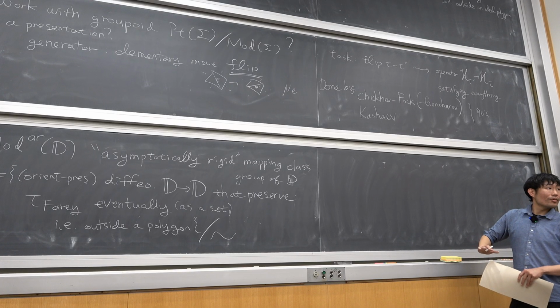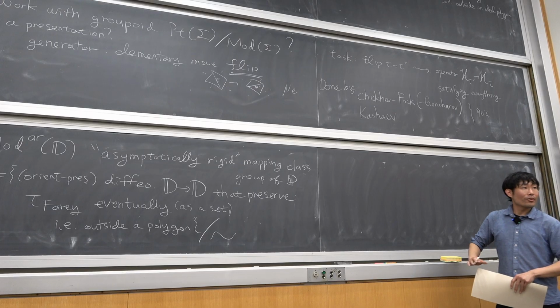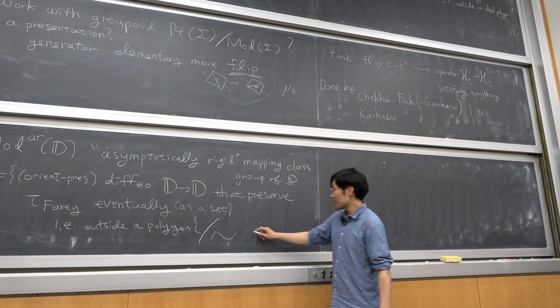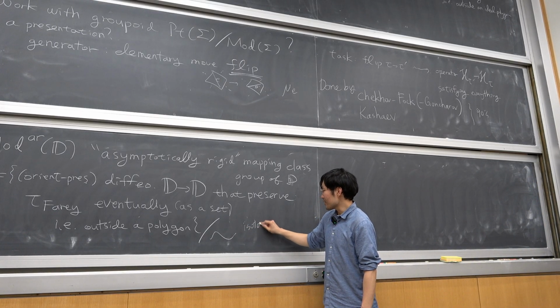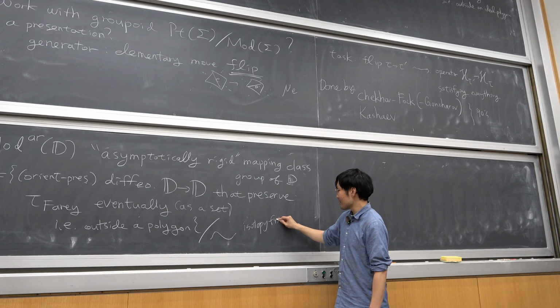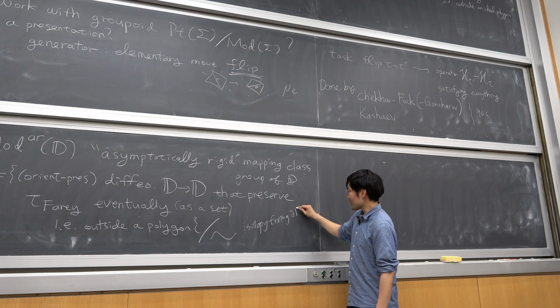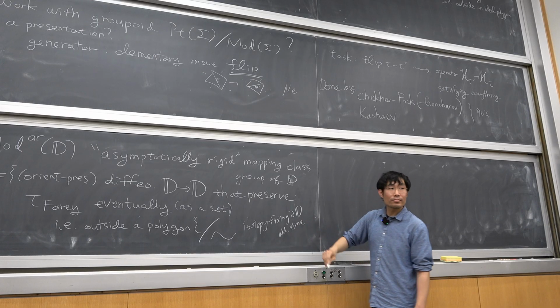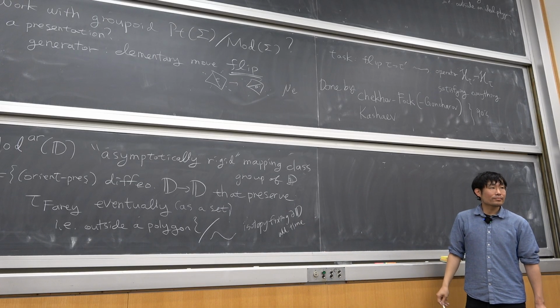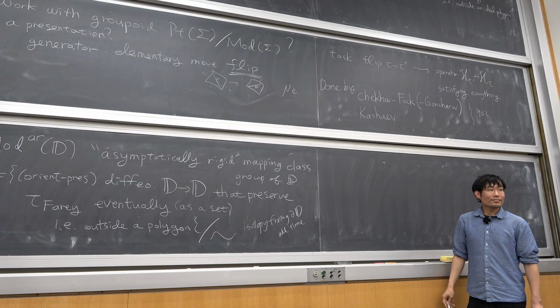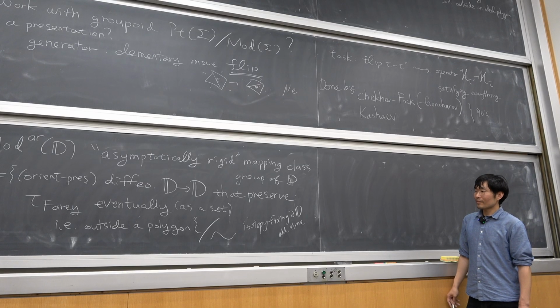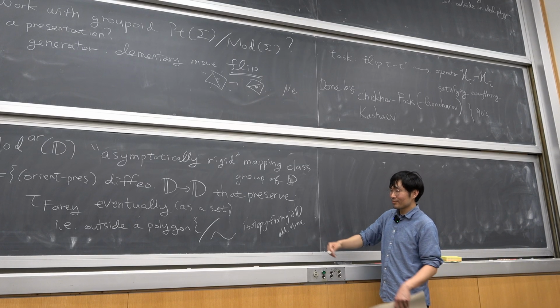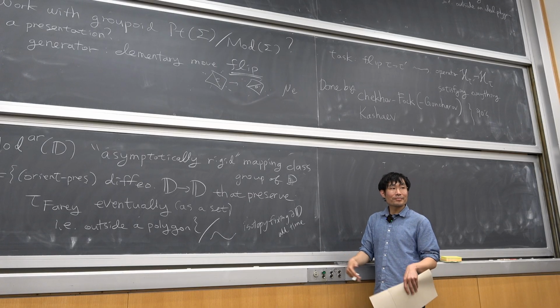Do the isotopies also have to preserve the Farey triangulation as a set outside of a polygon? Isotopy fixing boundary all the time. Oh, but not necessarily the Farey triangulation as a set? What do you mean? Here by isotopy, I mean it can't mess with the boundary circle.